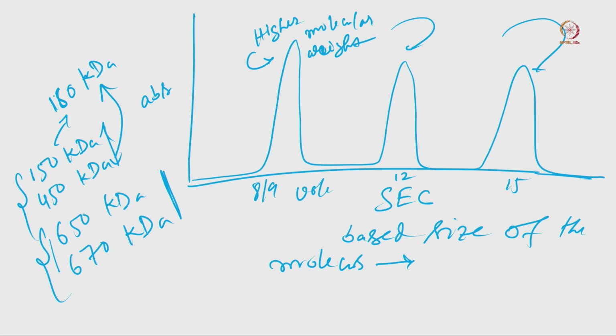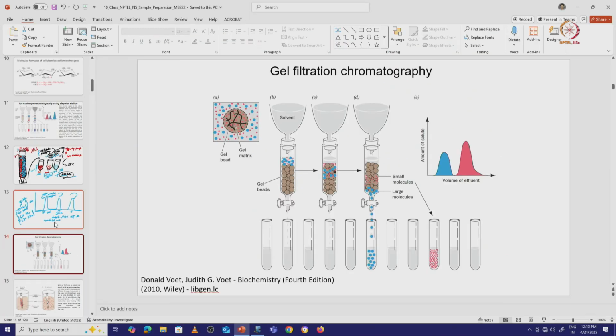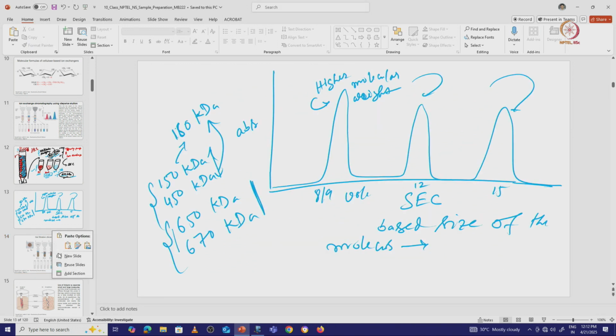Now, one more part that is very important here. Most of the time, as I draw the SEC profile, consider that you have an SEC profile something like that, and at a similar time you have another profile.